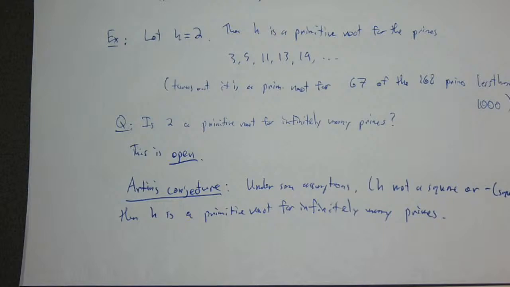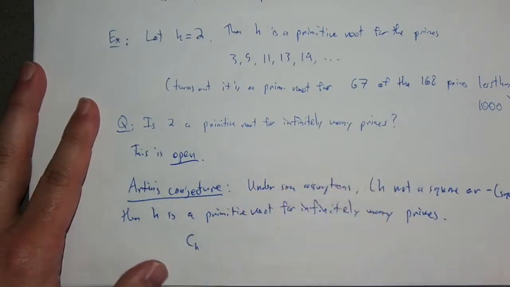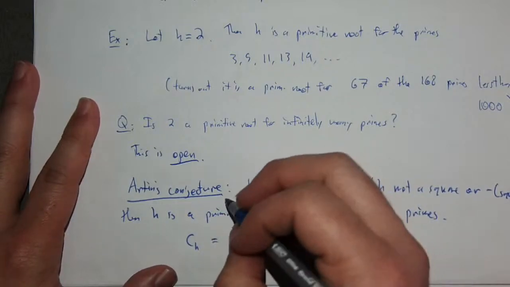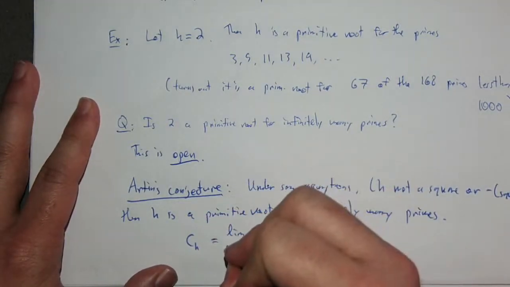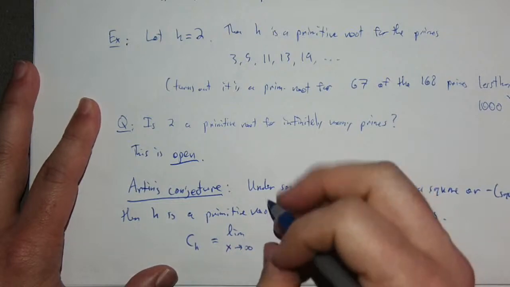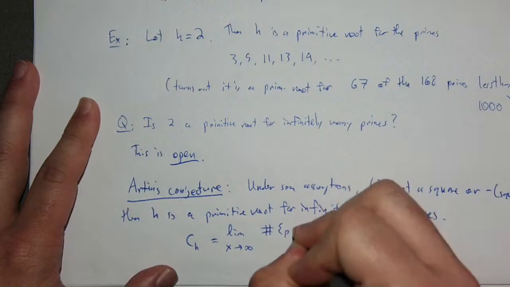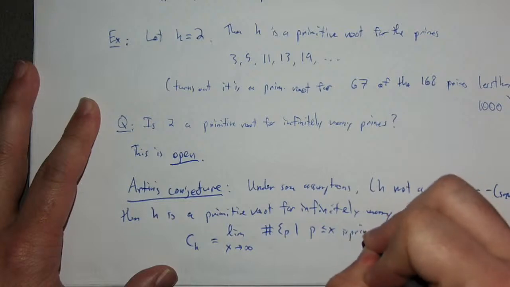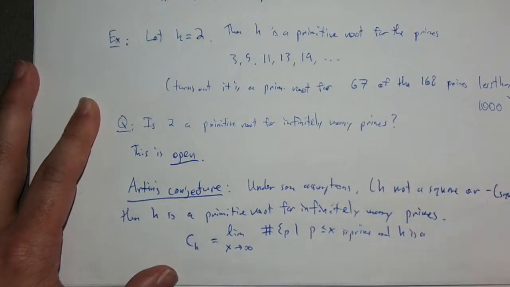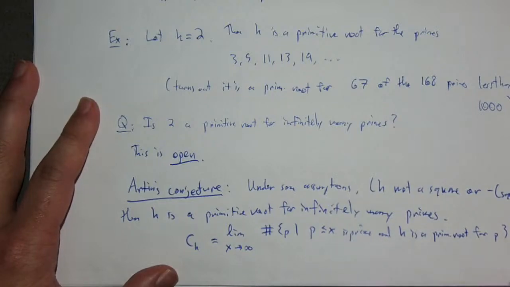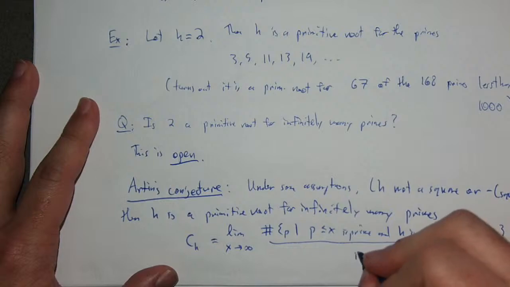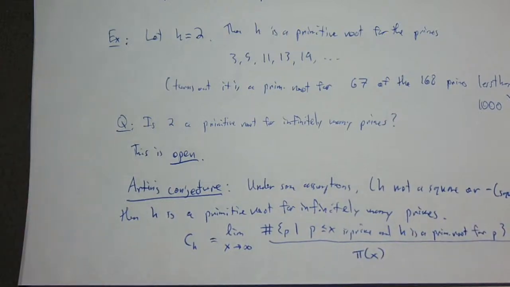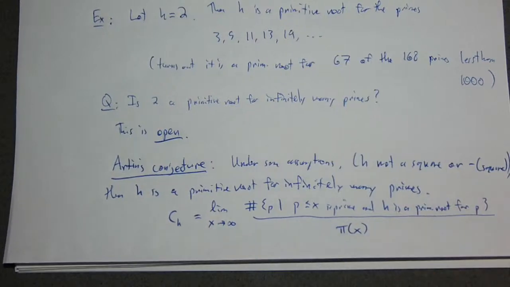So there is a ratio c sub h that is the limit as x goes to infinity of the number of primes p less than or equal to x for which h is a primitive root for p, divided by the total number of primes less than or equal to x.